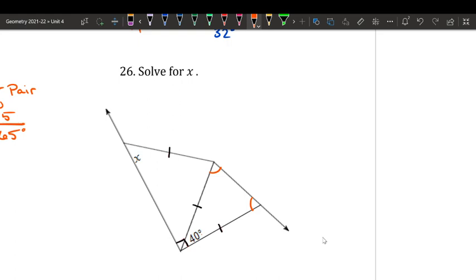So for this one, I'm going to say the triangle is 180 degrees. And I know that the vertex angle is 40. So now I have 140 degrees that I need to split between two angles. So there's 70. So each one of them is 70 degrees.